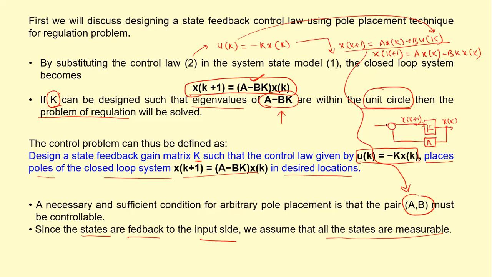Here we are adding this with the B matrix, and the input is u(k). So the states are fed back to the input side, which means we are assuming that all states are measurable.